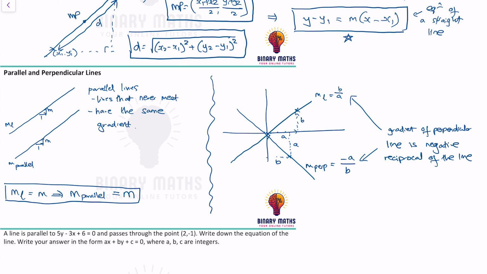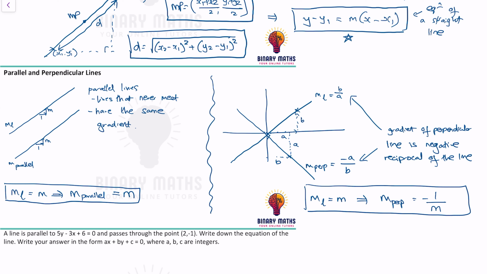In other words, if ML is equal to M, it implies the M of the perpendicular of the line L is equal to the negative reciprocal, so negative 1 over M. So you need to remember that. So gradient of parallel lines is the same. Gradient of perpendicular lines is the negative reciprocal of the original line.